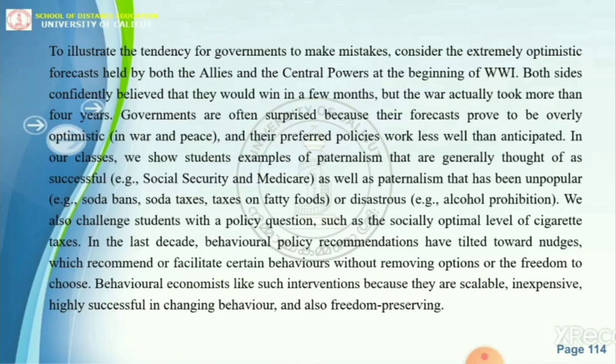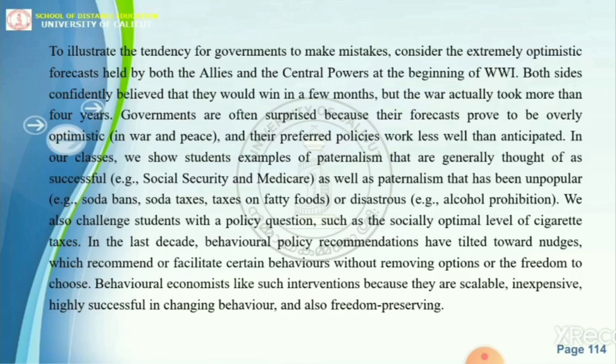In our classes, we show students examples of paternalism that are generally thought of as successful, for example social security and Medicare, as well as paternalism that has been unpopular, that is, soda bans, soda taxes, taxes on fatty foods, etc., or disastrous, that is, alcohol prohibition. We also challenge students with policy questions such as the socially optimal level of cigarette taxes.